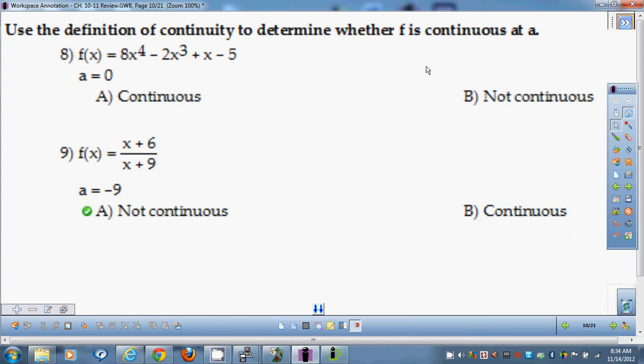So if there's not a fraction, there's no possible way. I don't think we actually had any that had radicals. If there's a piecewise, then you have to check that. Remember those two problems we did earlier? But if it's not a piecewise and it's not a fraction, there's no possible way it can be discontinuous. Yes.